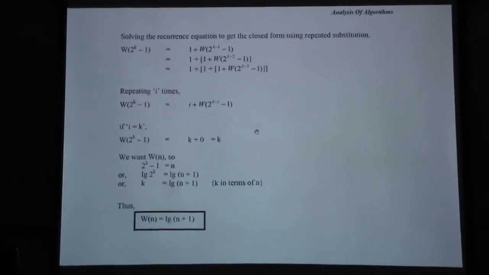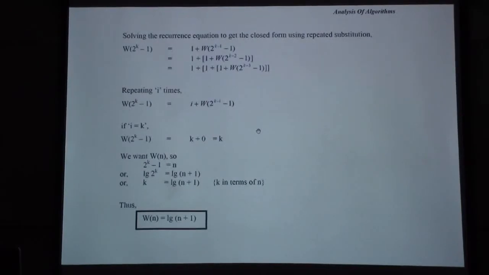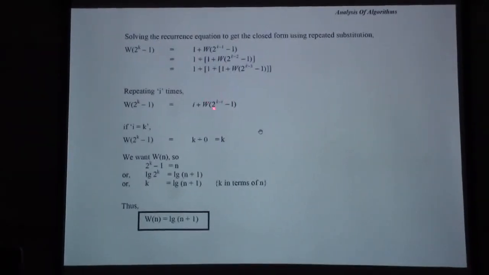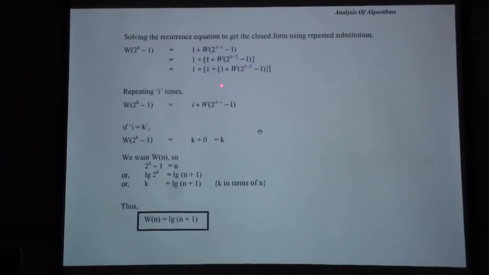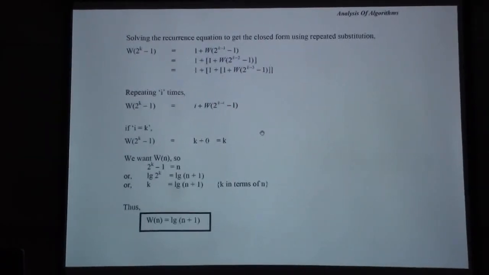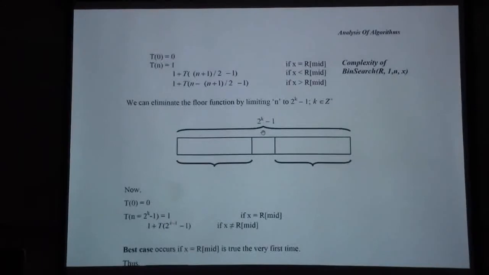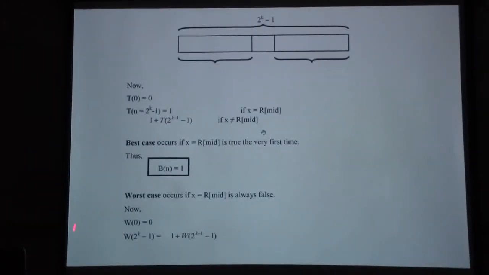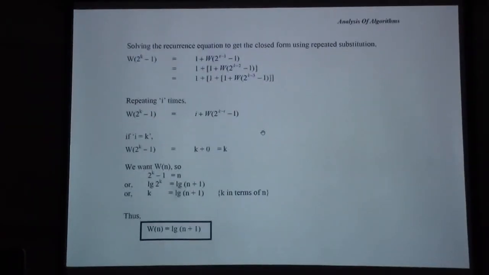Now, what we want is for the value of 2 to the k minus i minus 1 to equal what? Zero. So when is this equal to 0? 2 to the k minus 1 minus 1 is equal to 0 when 2 to the k is equal to 1. When 2 to the k equals 1, 1 minus 1 makes 0.